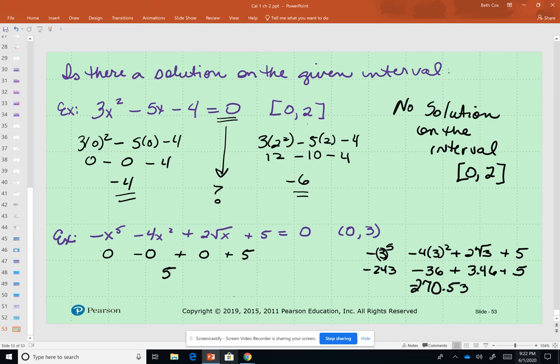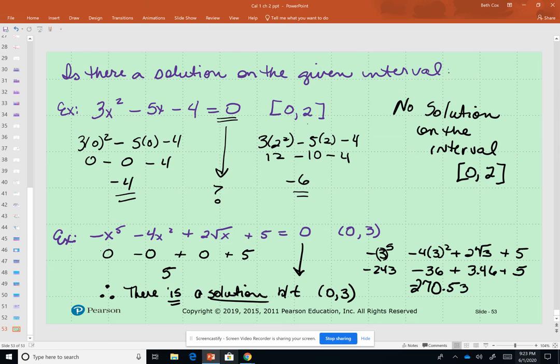Okay, so now is 0 between those two numbers? Yes, it is. 0 is between negative 270 and 5. So that means there is a solution to this problem on the interval from 0 to 3.